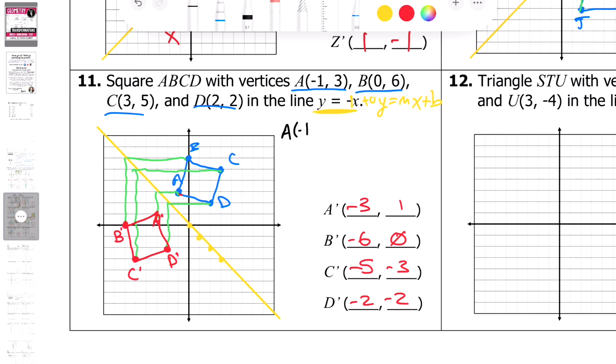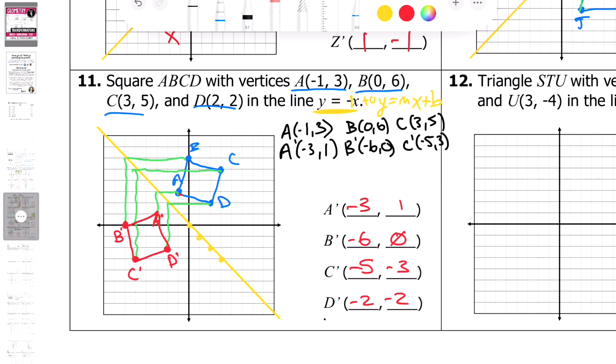So I have A, negative 1, 3. A prime is negative 3, 1. B is 0, 6. B prime is negative 6, 0. C is 3, 5. And C prime is negative 5, 3.